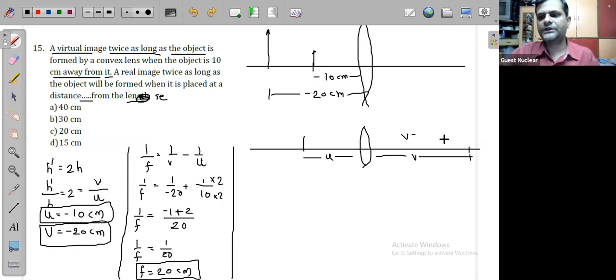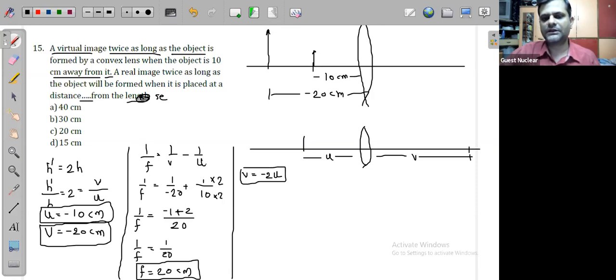Understood properly? v should be double of u here also. So in this case the value of v will actually be -2u. Understand why? Because u is already negative, and v is positive. So in order to make this v positive, we'll have to consider its minus sign here.